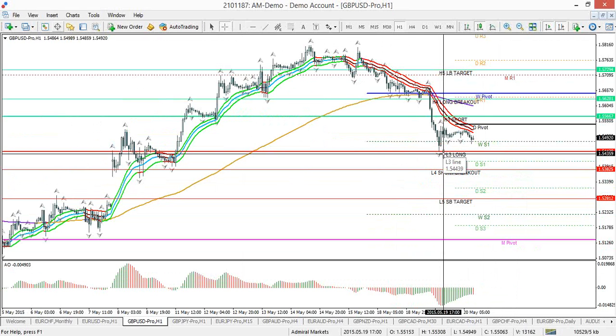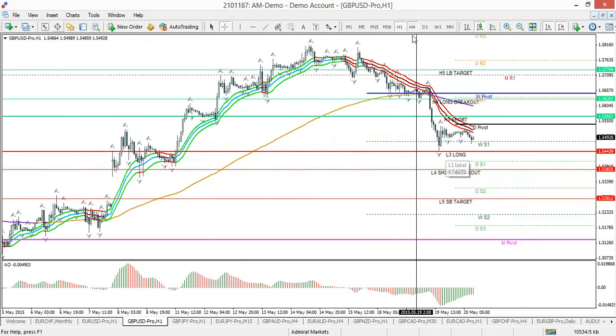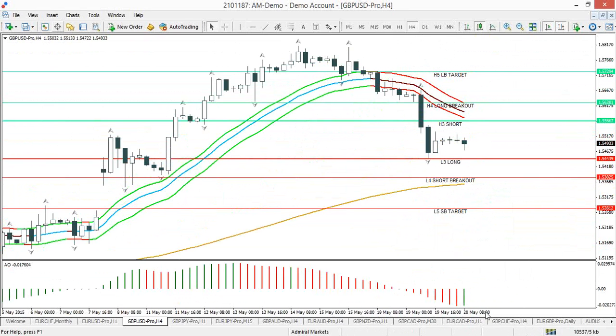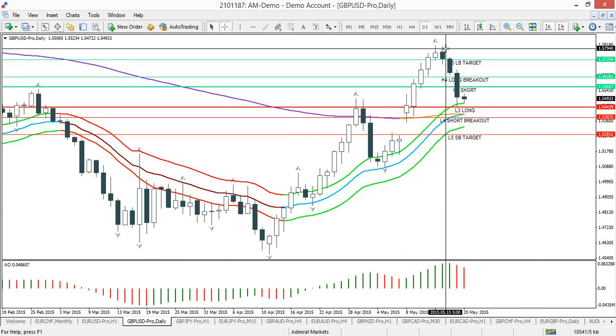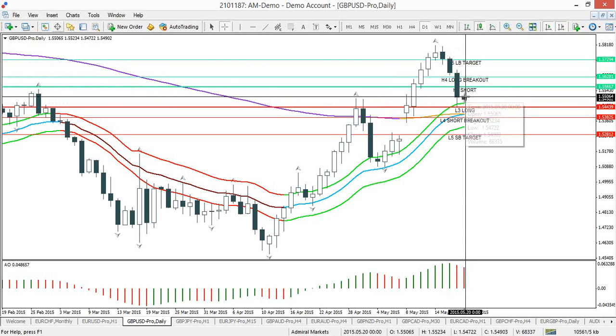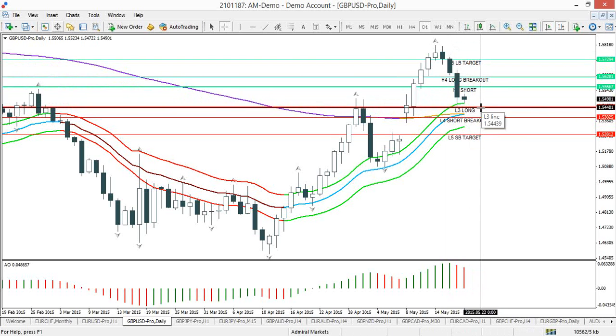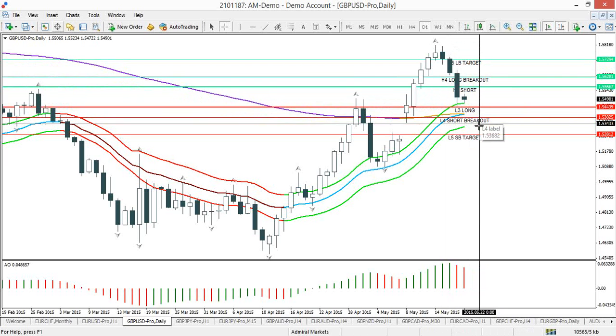When we look at round numbers, we've broken through 155. Obviously, 155 was a round number, a psychological number. So we're kind of now in a hesitation zone, in the sense that we pushed a bit through 155, but it wasn't a clear decisive break of 155 either. But if we do push below 154.44, then we should be breaking the 155 number, and the next psychological number is 152.50.